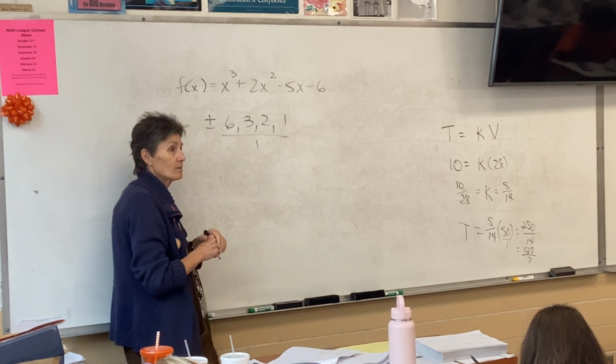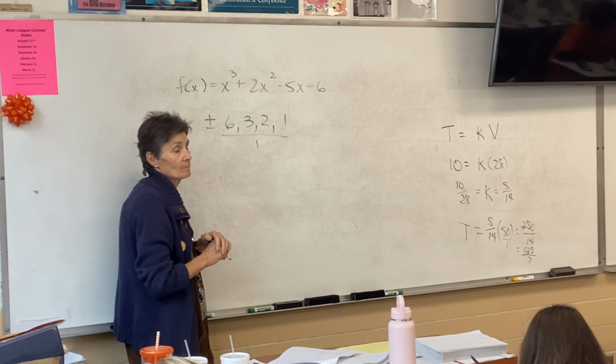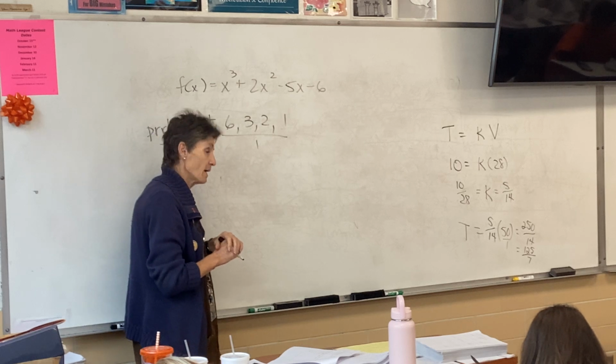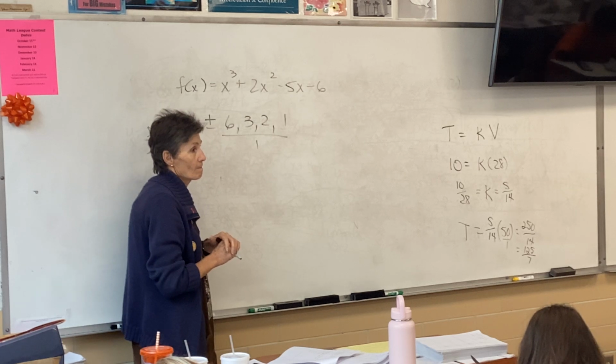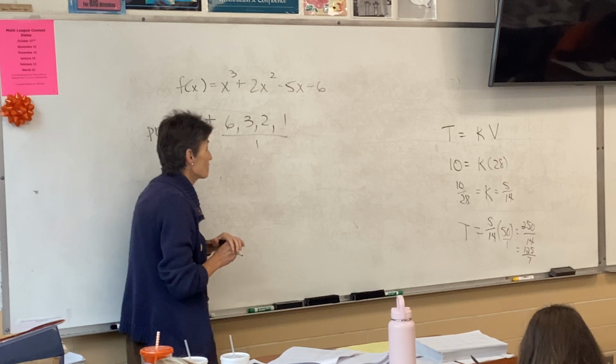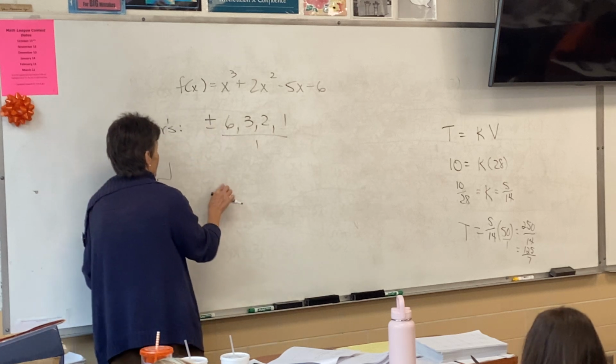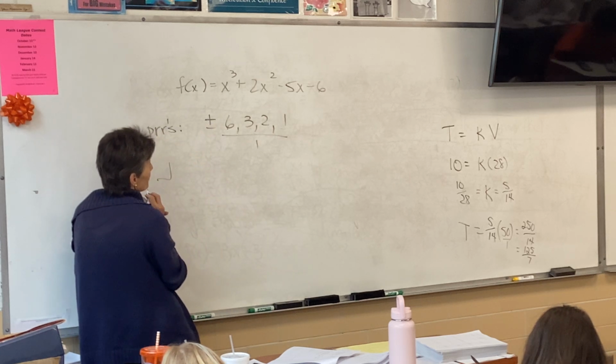Find the factors. All right, what are we going to do to find the factors? Choose one of them. Which one do you want to start with? Which one? 3.